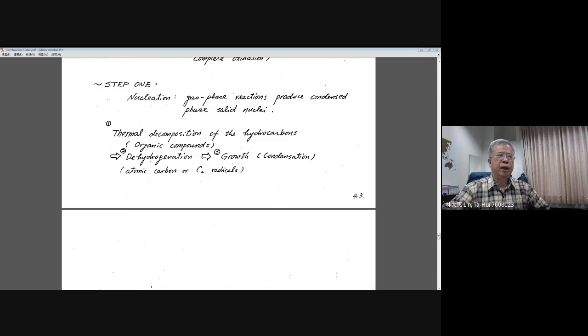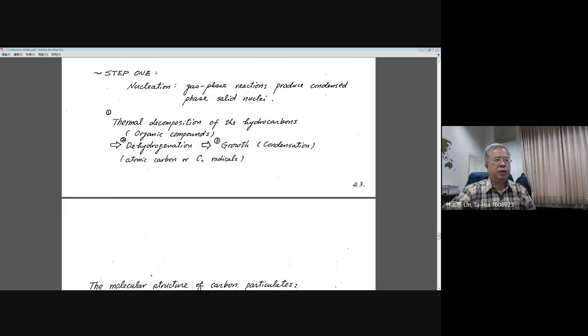Especially for the organic compounds, you have hydrocarbons, and you need to absorb heat to cut down their chemical chains, which means we go through dehydrogenation and release atomic carbon or C2 radicals, something like that. And those carbon atoms, including carbon and the C2 radicals, will have a chance to migrate and then grow. Growth is the so-called condensation, becoming a solid particle. This is the first step, the nucleation of the solid carbon particles.